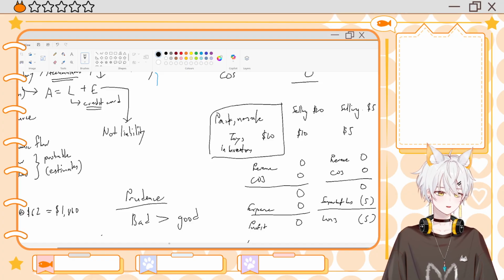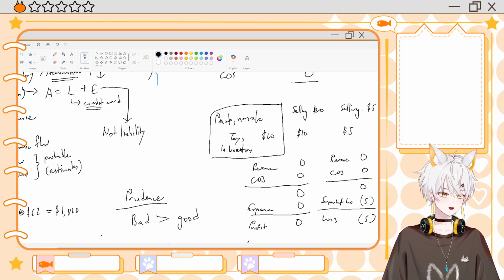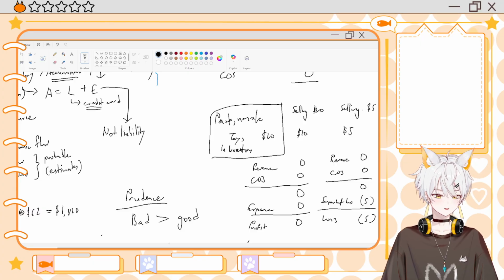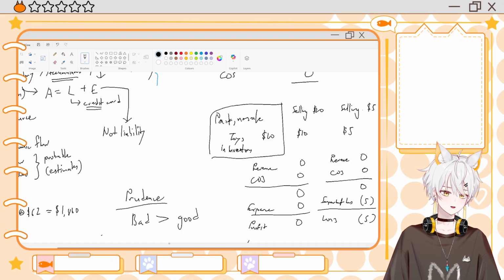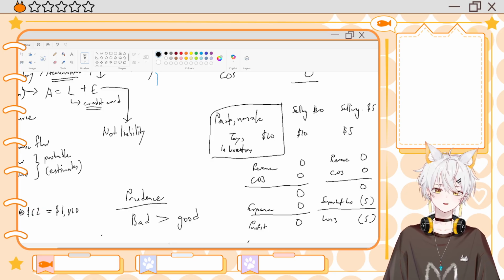But in the end, the company cannot sustain it and goes bankrupt. So the company dies, and the people fall with the company. It hurts way too many people, and that's why the accounting principle is as such.